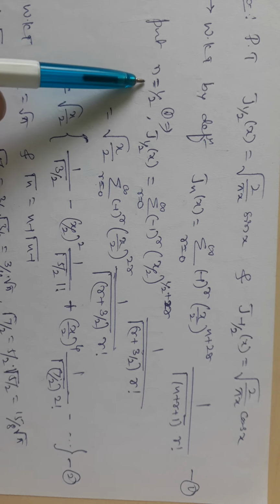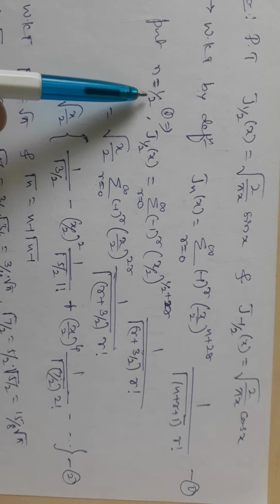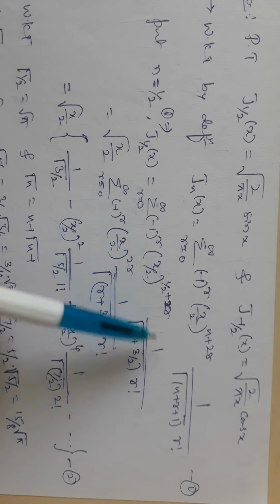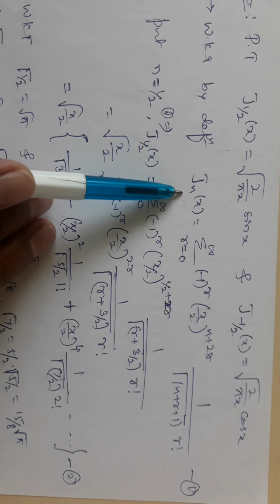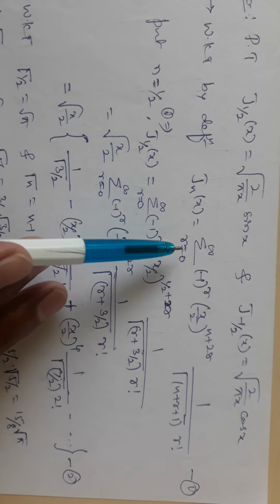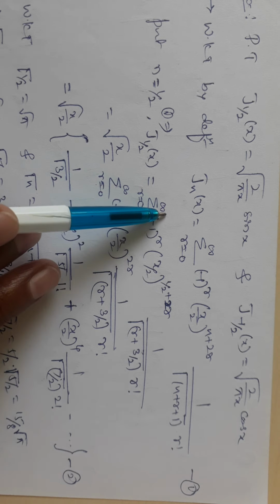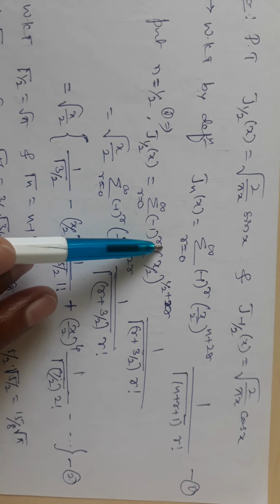we can put n equal to 1 by 2 in equation number 1. Hence J_{1/2}(x) equals summation r equals 0 to infinity, (-1)^r.